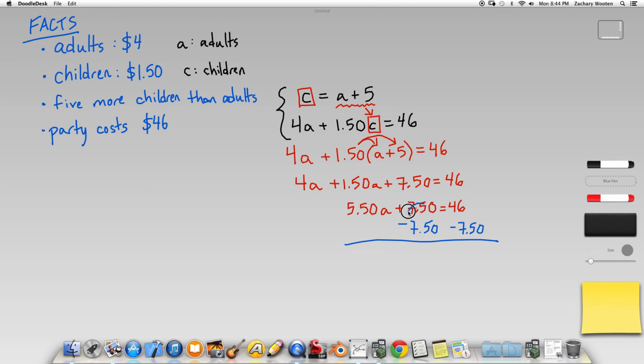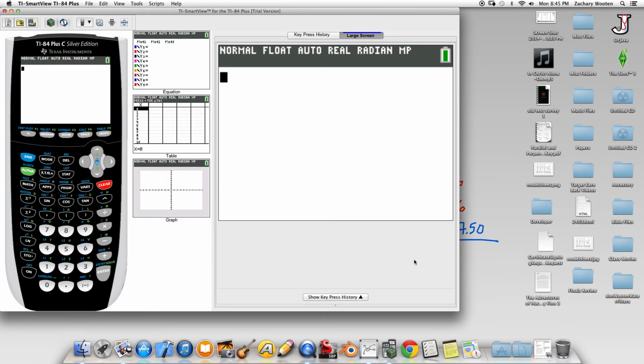So these go away, and I'm left with 5.50A on this left side, and that is going to be equal to 46 minus 7.50. If I subtract 7.50 from 46, again we could type this into a calculator, so I'll just do this one. 46 minus 7.50 is going to give us a total of 38.50.